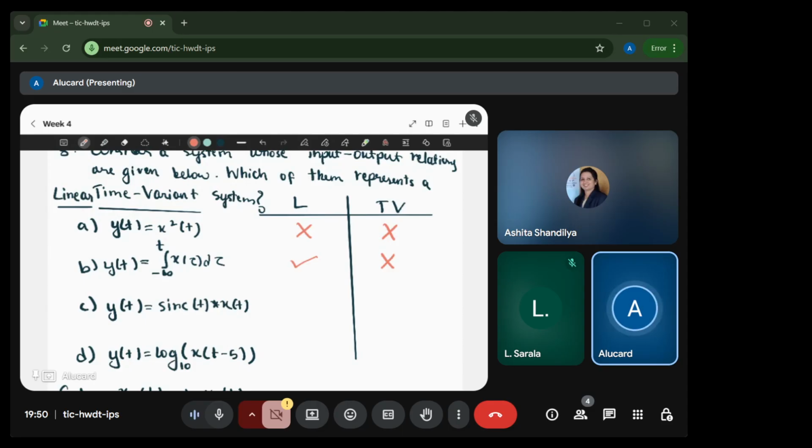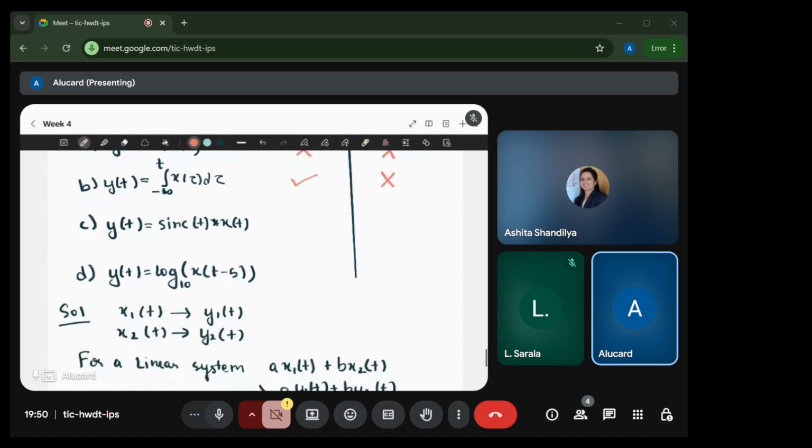So if your input is x1 plus x2, your output is log of x1 plus x2, which is not equal to log x1 plus log x2. So the system is not linear. It's actually time invariant, so it's not time variant also.